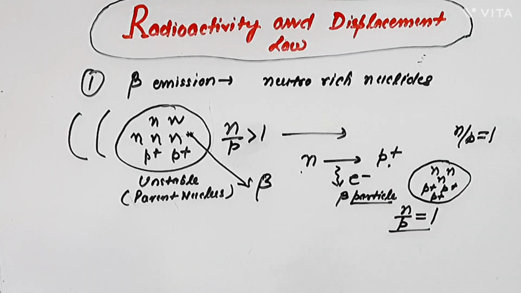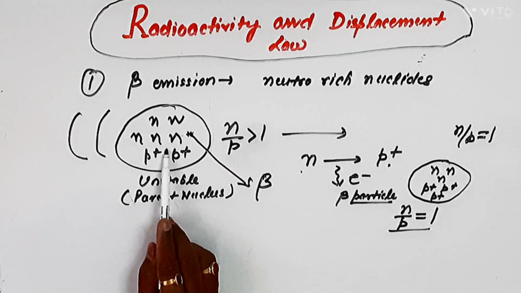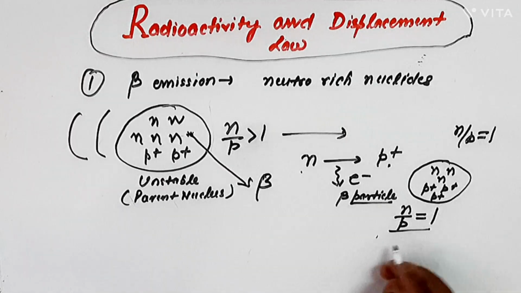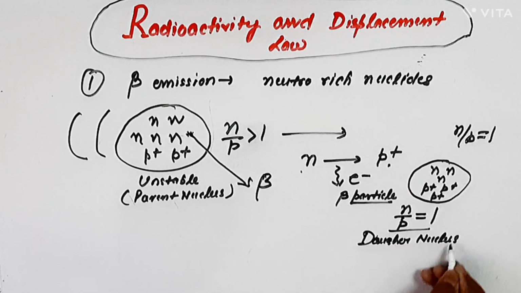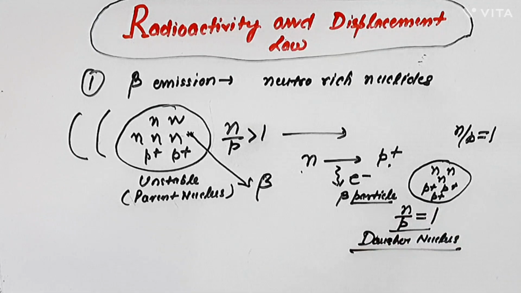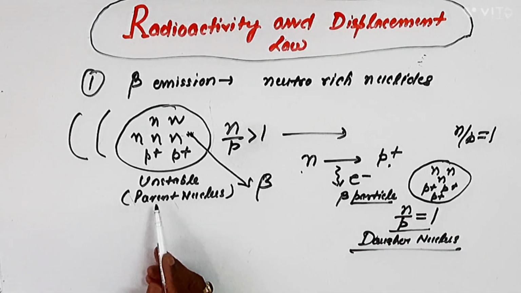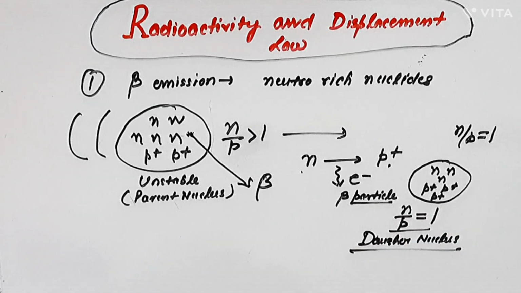Here one thing should be noted. This we call the daughter nucleus. The daughter nucleus is a completely different element, and the parent nucleus is a completely different element. So this is the basic difference between chemical reaction and nuclear transformation.